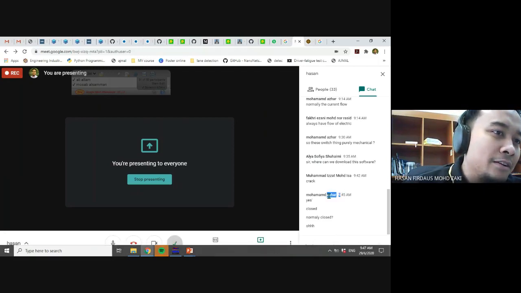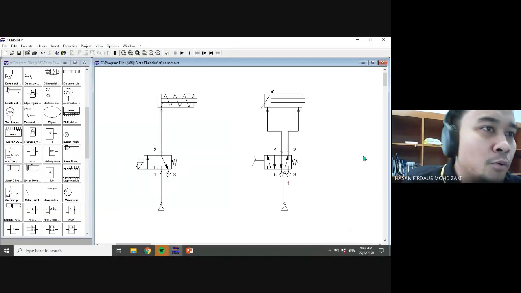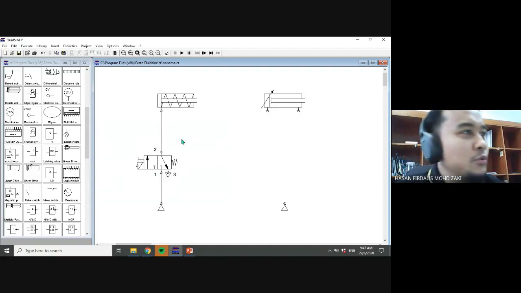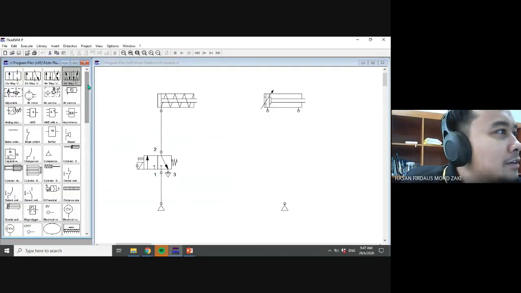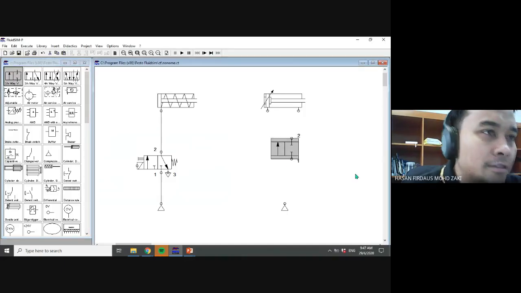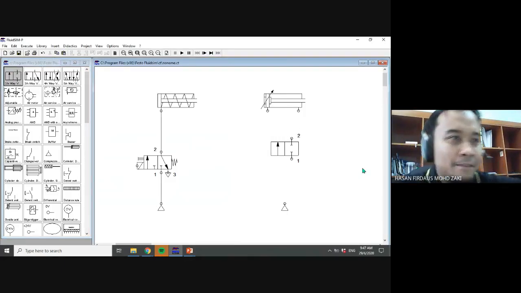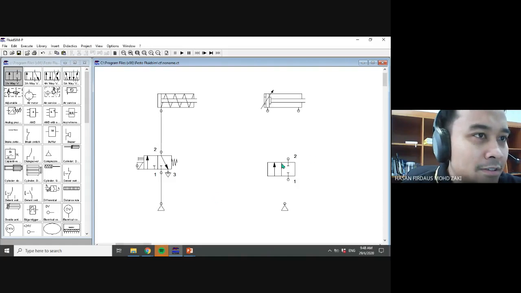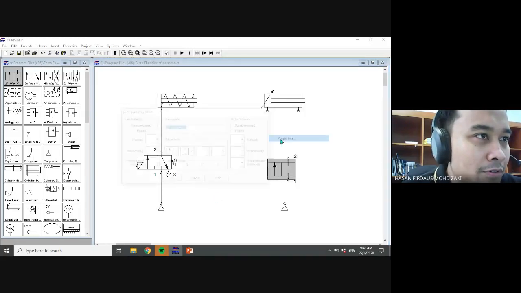If no question, I ask you, what if we don't want to use 4 two-way or 5 two-way? Instead, we want to use a 2 two-way. What will happen? Can anyone tell me? It will only have one position.